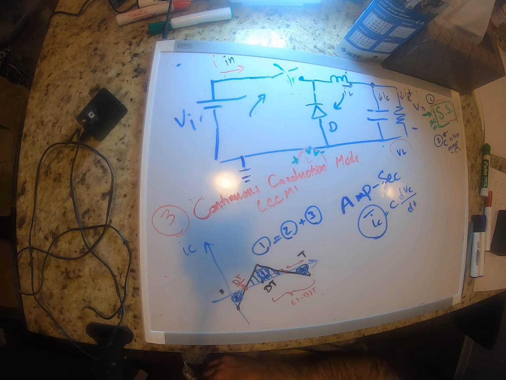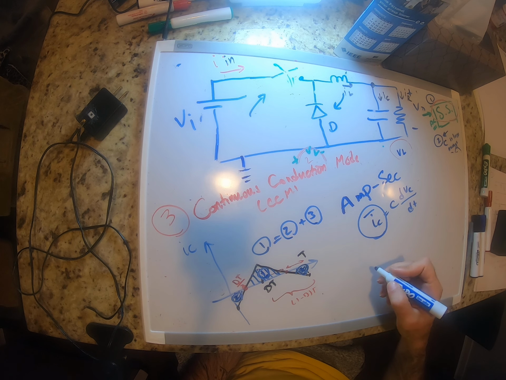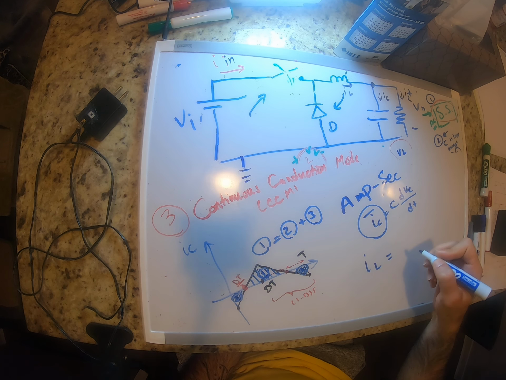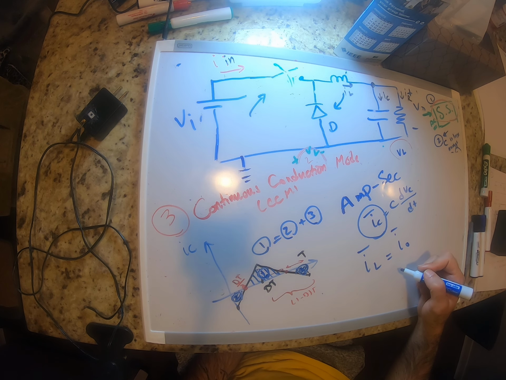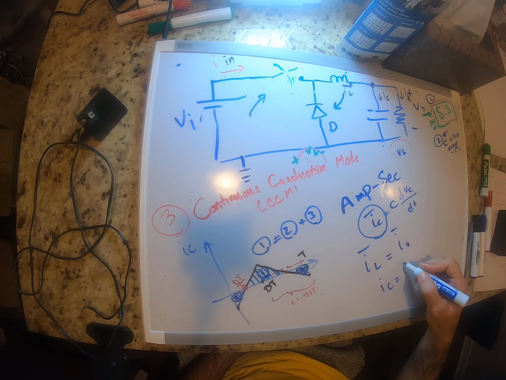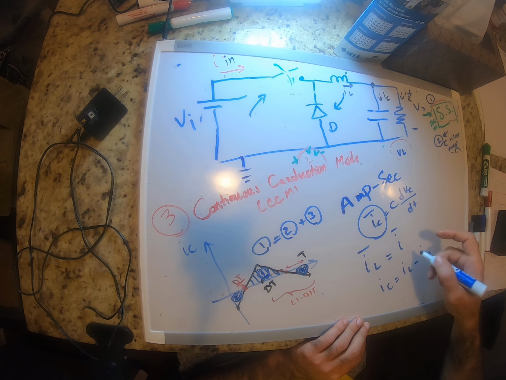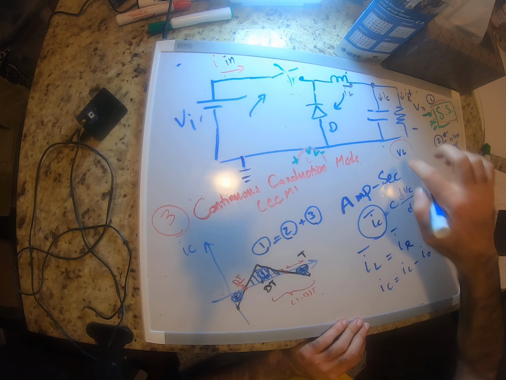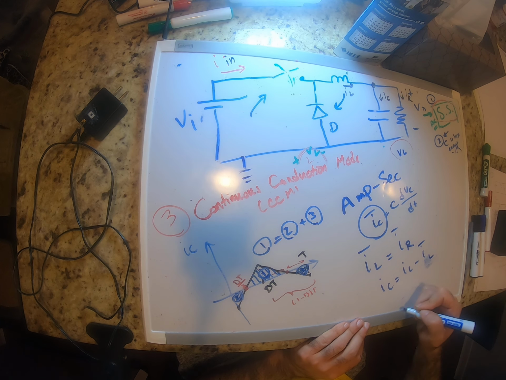Again, because IL average is the same as IO average, and IC is equal to IL minus IO. Sorry, if I call it IR, IL average is the same as IR average. This is IL minus IR, and this is basically IL average, right?